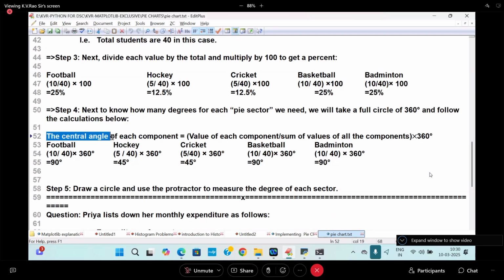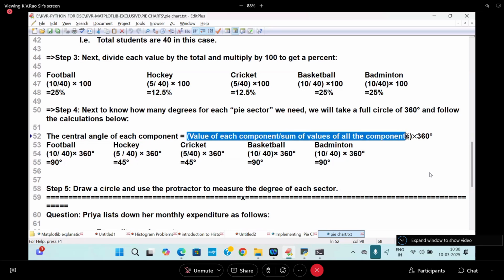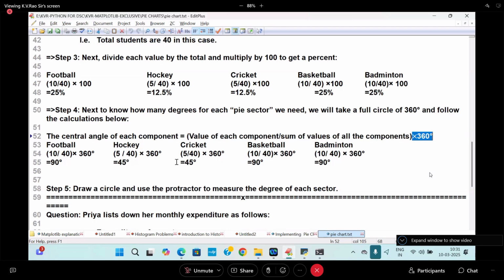The central angle of each component is the value of each component divided by the sum of all the values, into 360 degrees. What is the value of each sector? 10 by 40 into 360 is how many degrees? 90 degrees. The zeros cancel, 4 nines, that is 90 degrees.